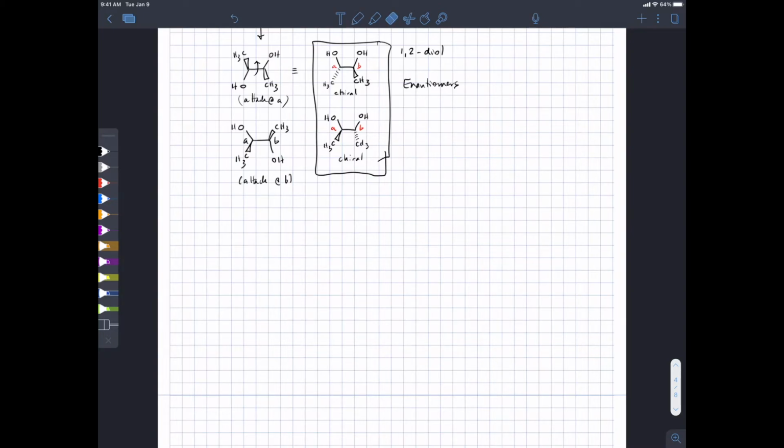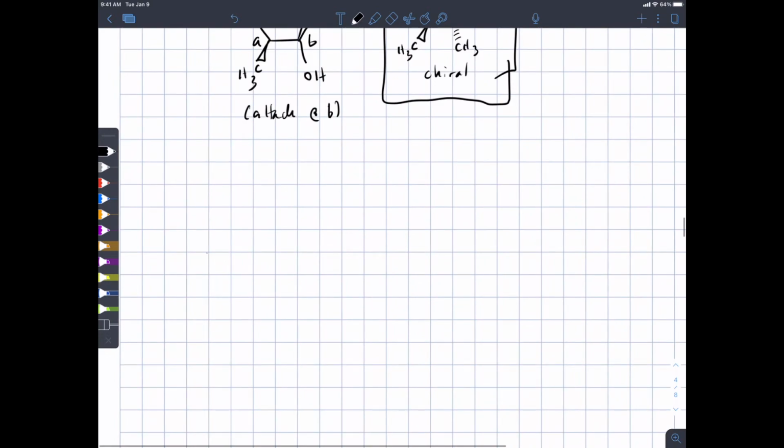If we wanted to get that other stereoisomer, we could start from the alternative chiral epoxide. There's no plane of symmetry here. There is another element of symmetry, and that is an axial symmetry. If we draw a line through the oxygen and through the carbon-carbon bond between A and B, and we rotate 180 degrees around that line, we get the same thing.